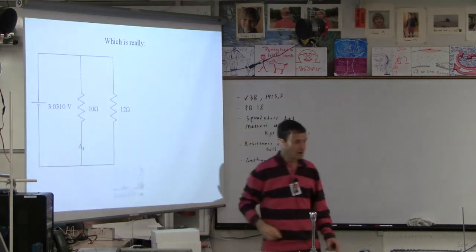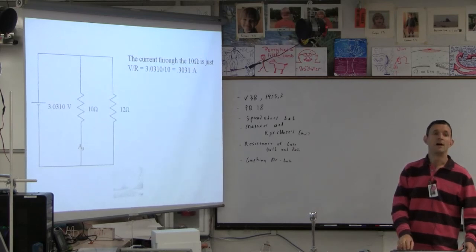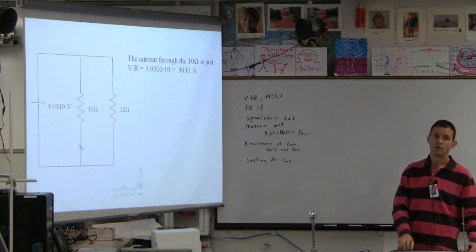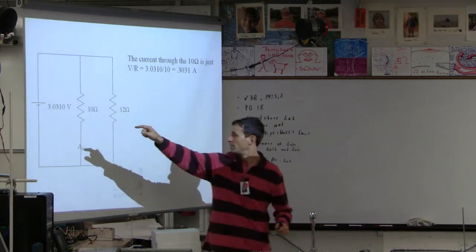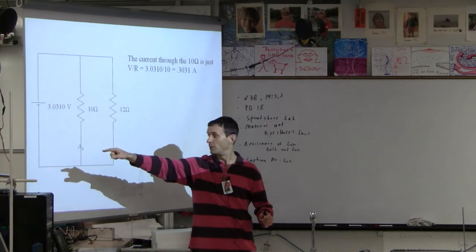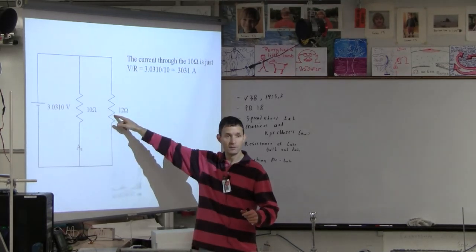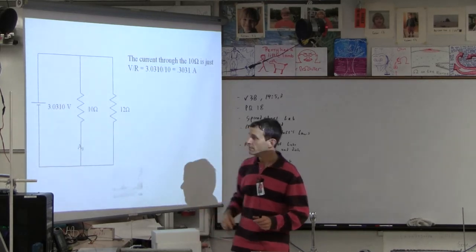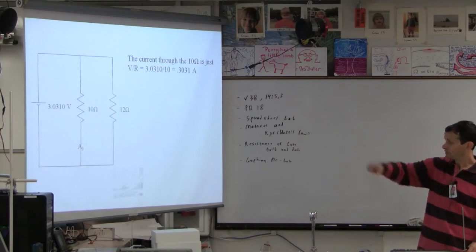The last one depends on all of them. So where this ammeter is, it measures only this current. If we put it there, it would measure both currents. If I put it here, it would measure only the current through this guy. But where it is, it's only measuring the current through the 10, and we can just go voltage divided by 10.